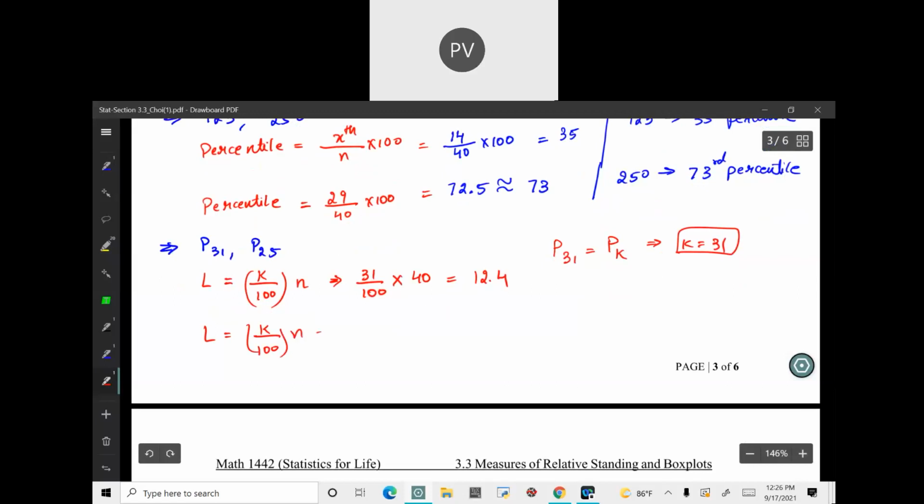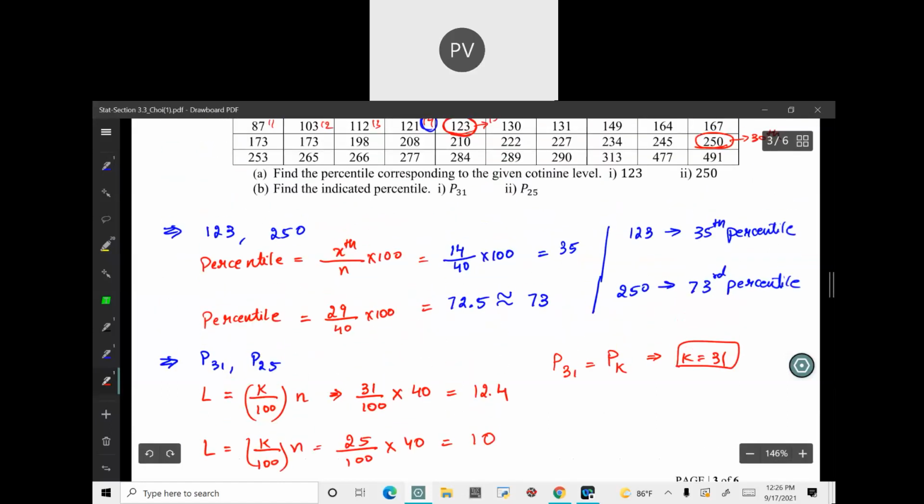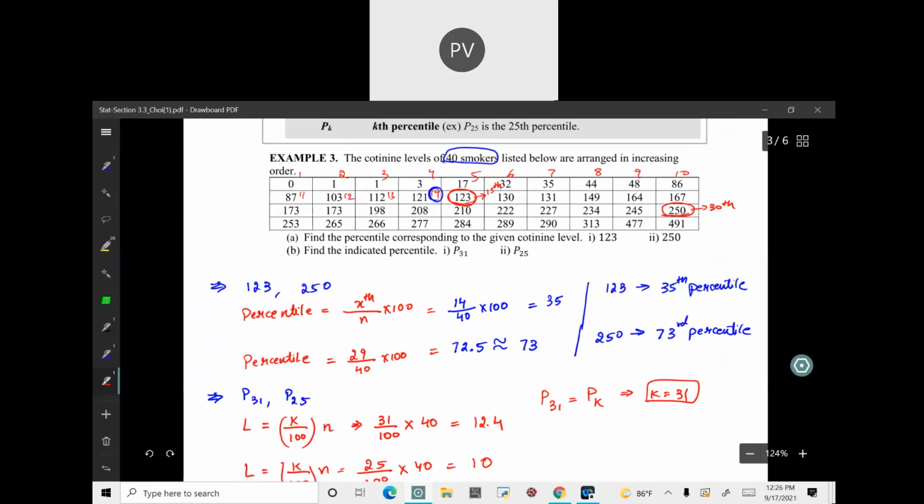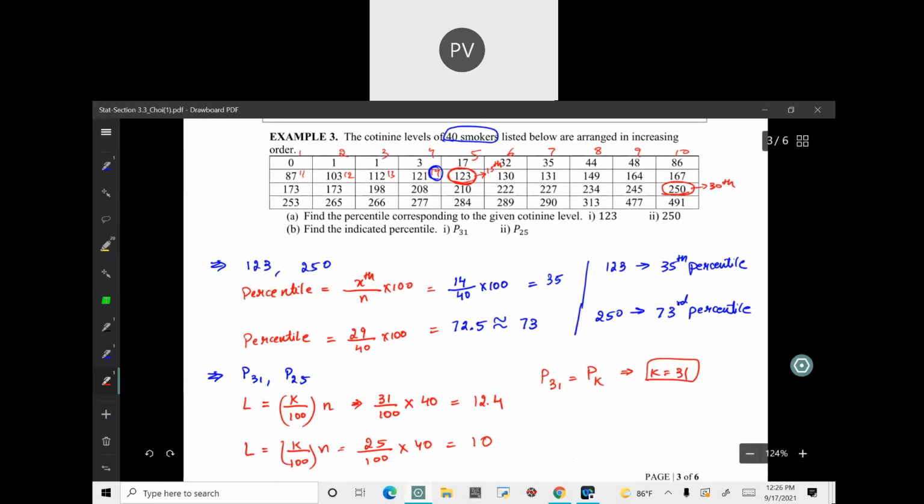Now let us calculate for P25. It would be 25 divided by 100 into 40, which is equal to 10. Now go back to the data set. And if you check, you do not have these data values in the given box, right?